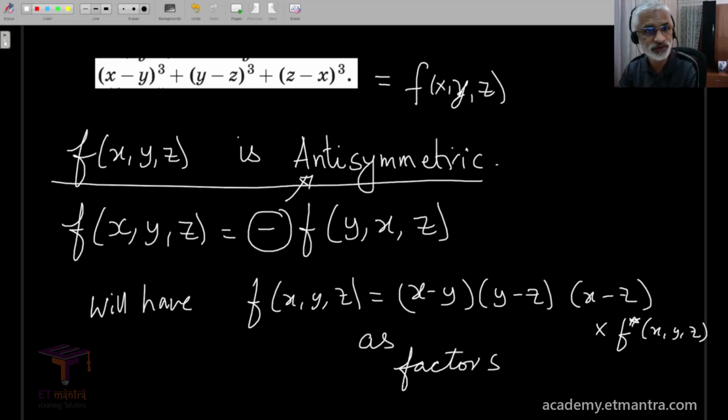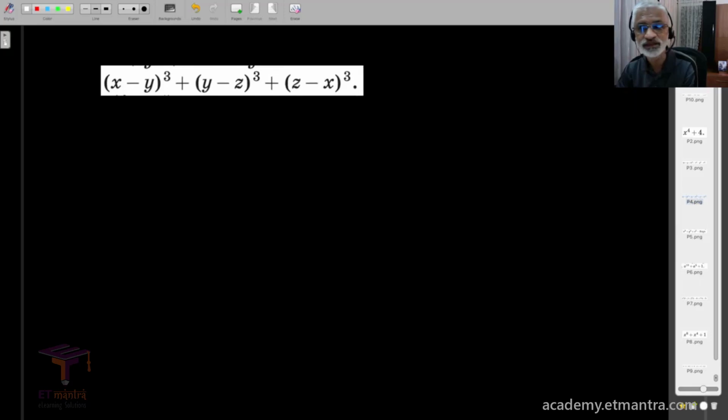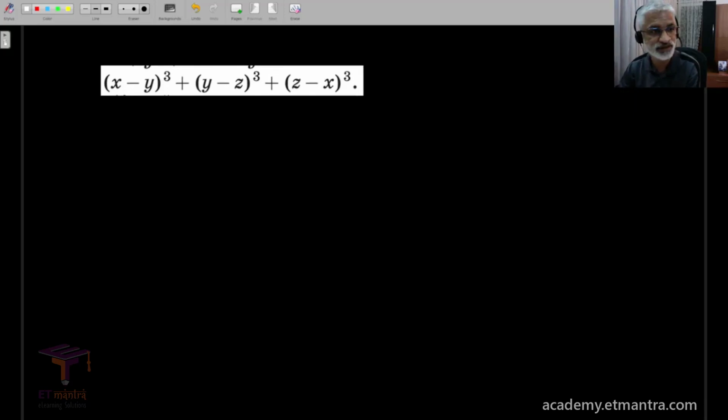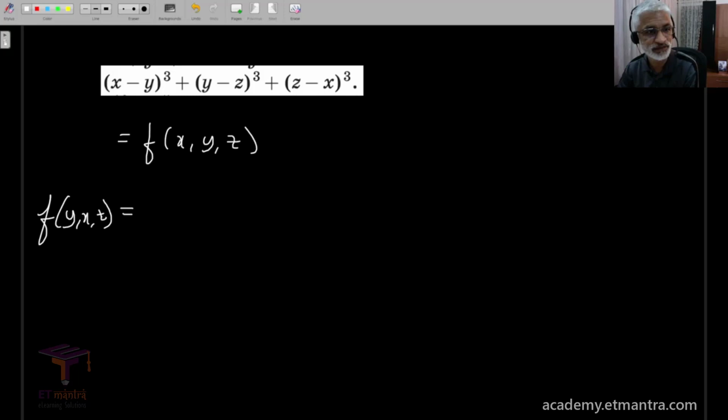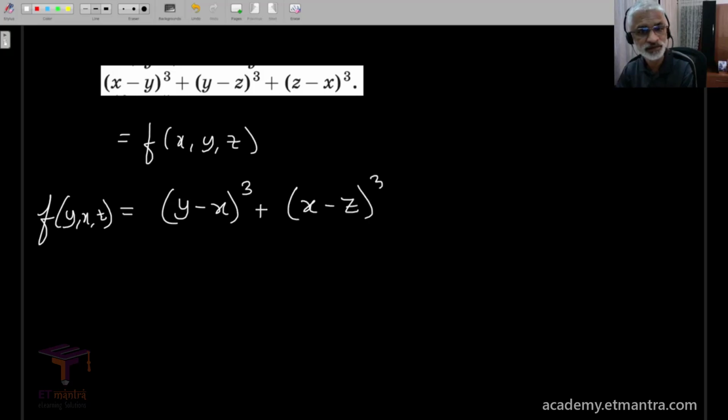Now, if you can notice that this is antisymmetric, then upfront you can verify that if this is represented as f of x, y, z, then f of y, x, z is actually equal to y minus x whole cube plus x minus z whole cube plus z minus y whole cube, and compare it with the previous function.